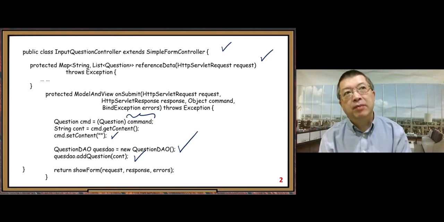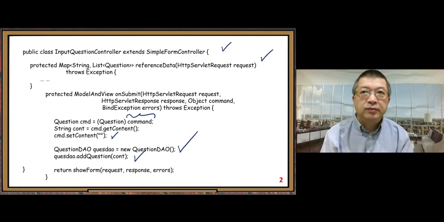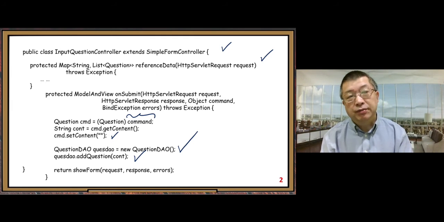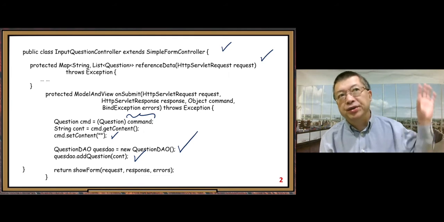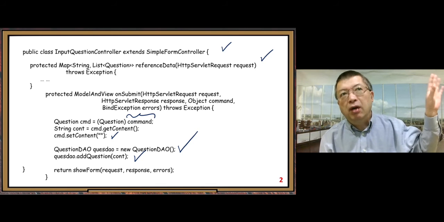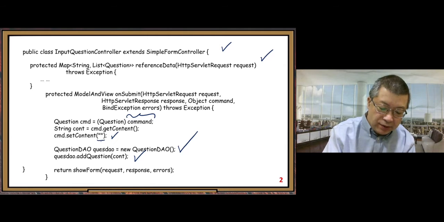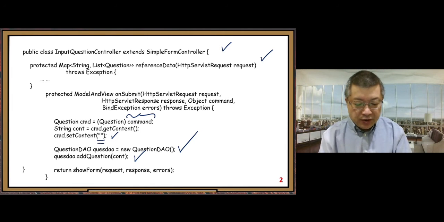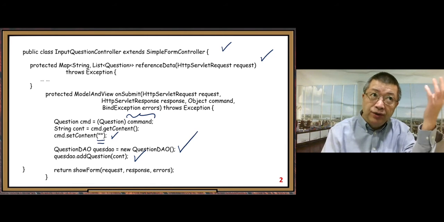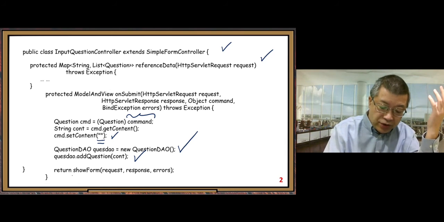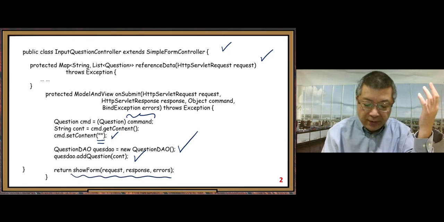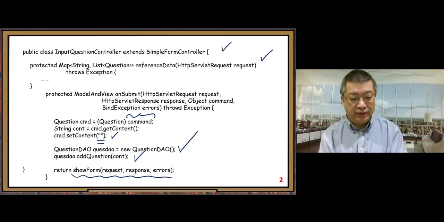Remember that our Duke Spring example, right? Because of the data binding, we don't want to keep the old data there. So that's why we set to empty. Then to return to the original form, we use the show form method. So that's simple.